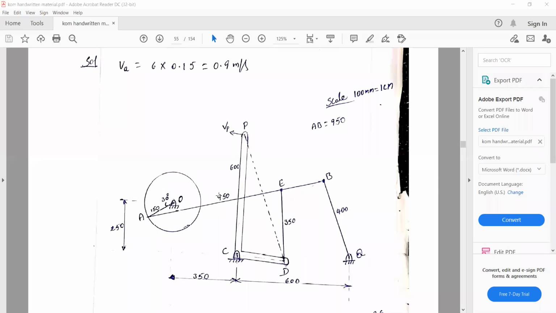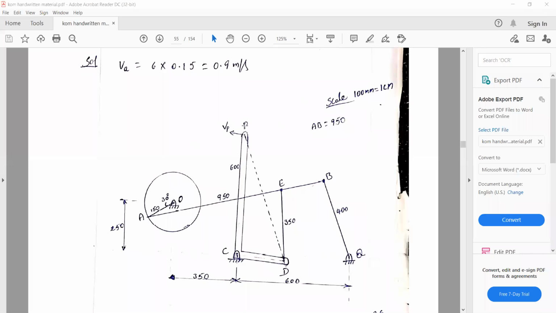In our diagram, they also mention the link lengths. OA is 150 mm, AB is 950 mm, BQ is 400 mm, ED is 350 mm, the gap between O and C is 350 mm, and C to Q is 600 mm.